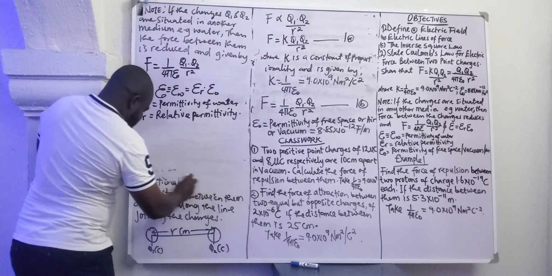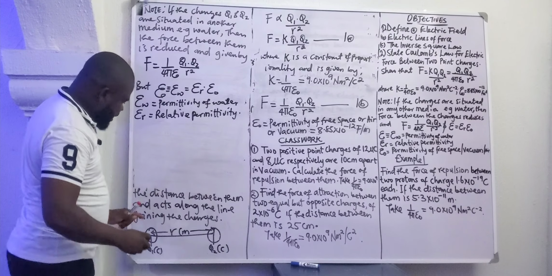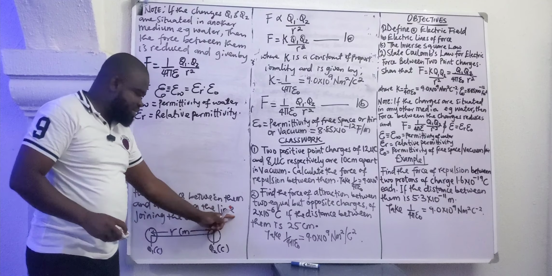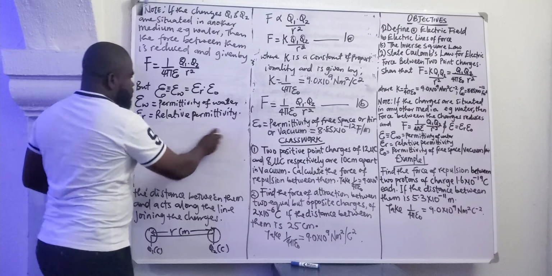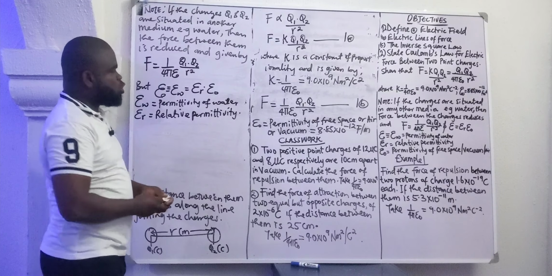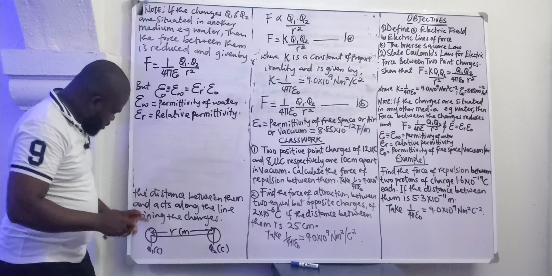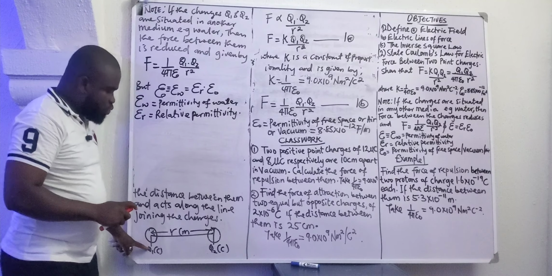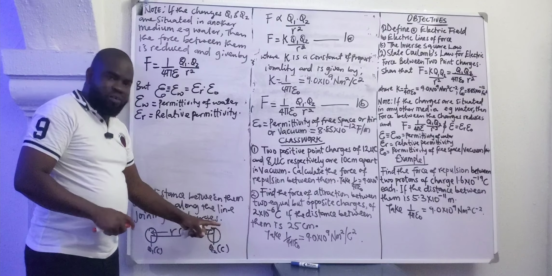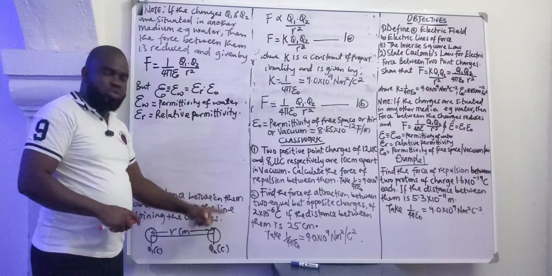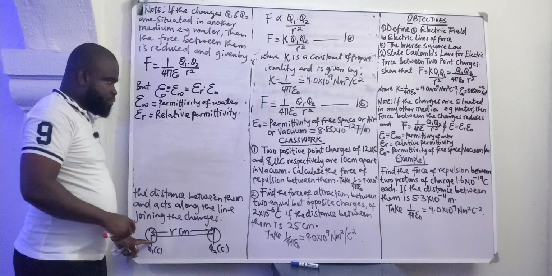Now let me explain this last line of Coulomb's law, that the electric force acts along the line joining the charges. How do we explain that? Like I've said, the charge Q1 exerts a force on Q2. That force is equal but opposite to the force Q2 exerts on Q1.